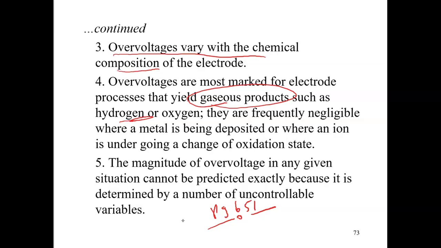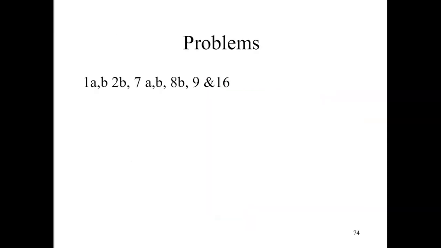I will have, of course, the end of chapter problems: 1A, B, 2, 7A, B, 8, 9, and 16. I have chosen those ones because they are representative of the type of questions that I would like us to lay emphasis on.